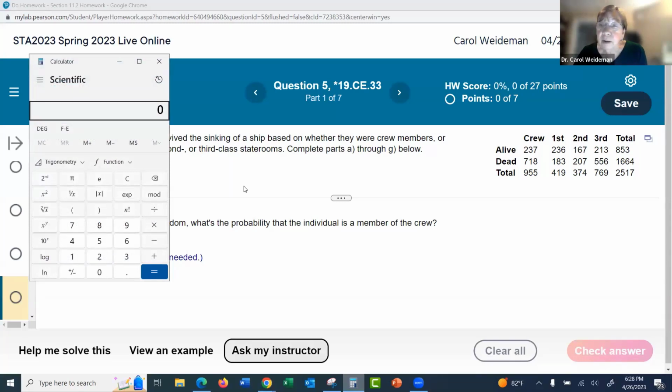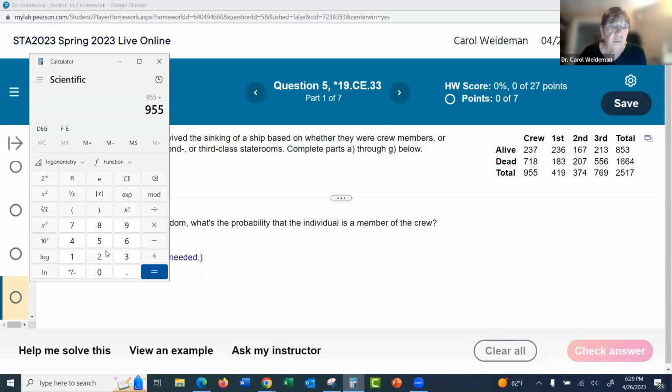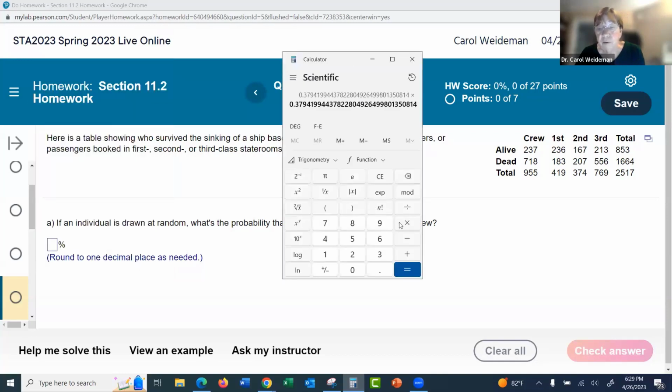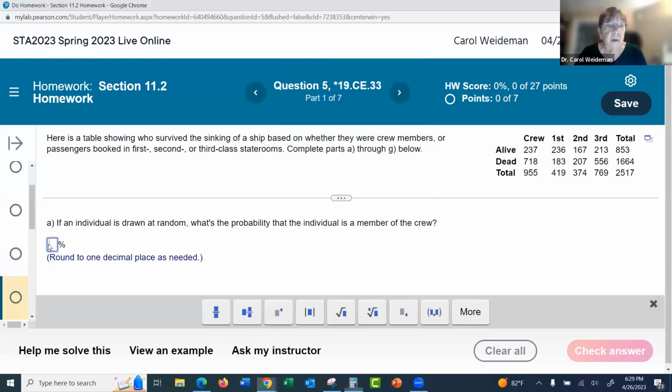I'm going to take the 955 and divide by the total in my table, which is 2517. They want a percent, so I'm going to multiply by 100. So 37.9% of the people on the ship were in the crew.